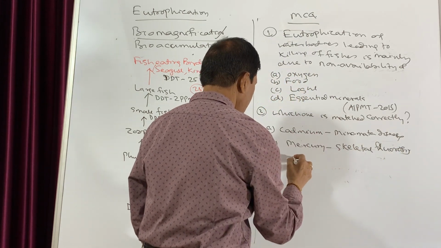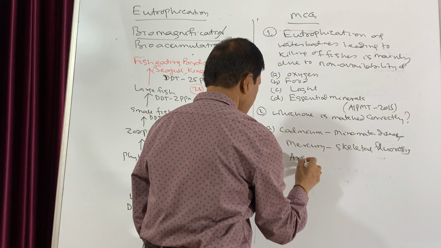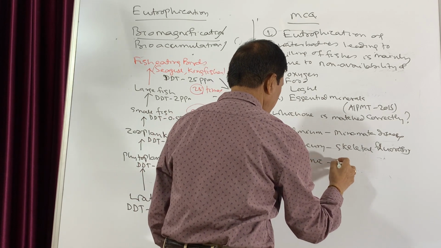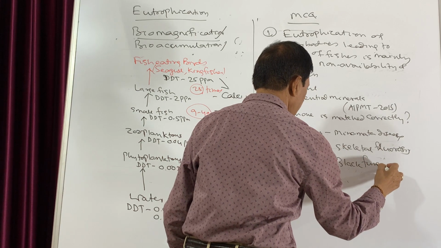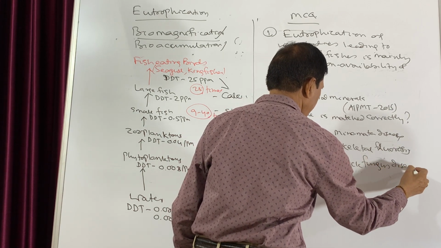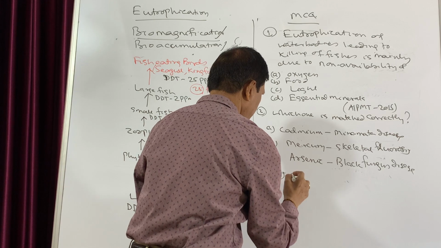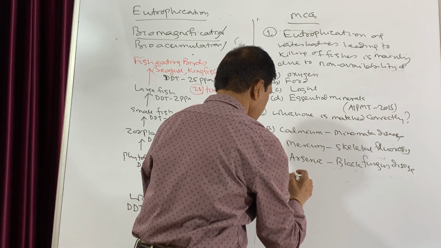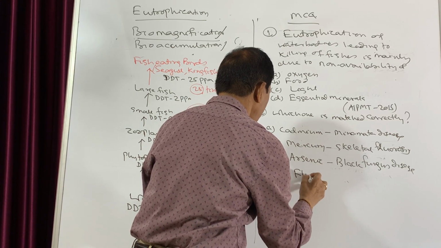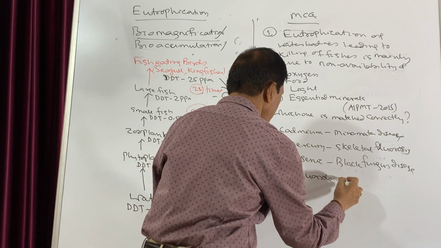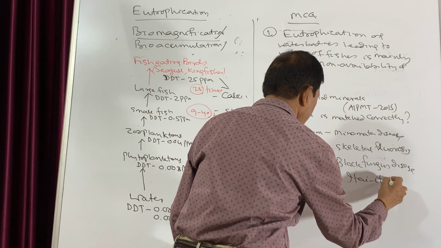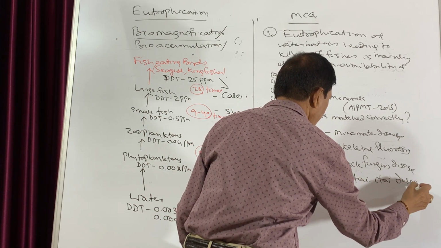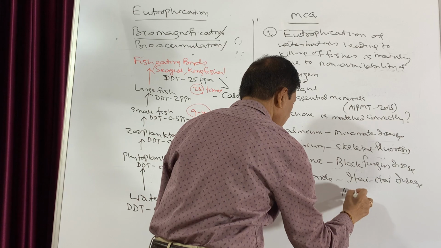The third one is arsenic, black foot disease. And the fourth one is fluoride, Itai-itai disease. This question was asked in AIIMS 2014.